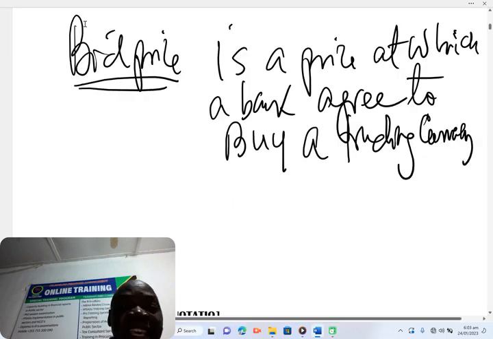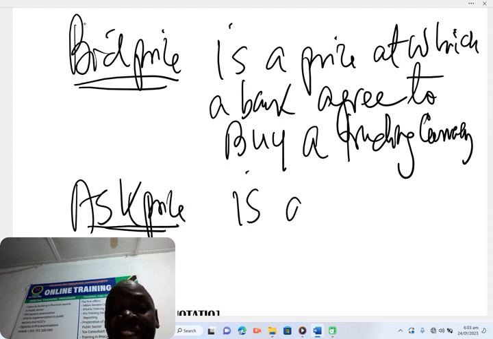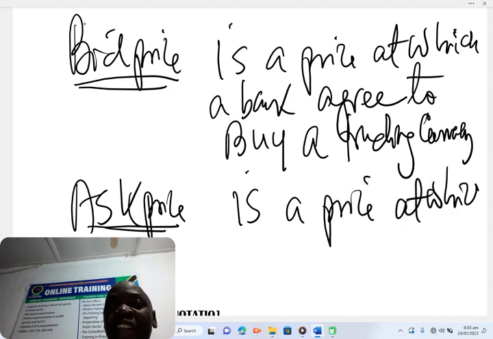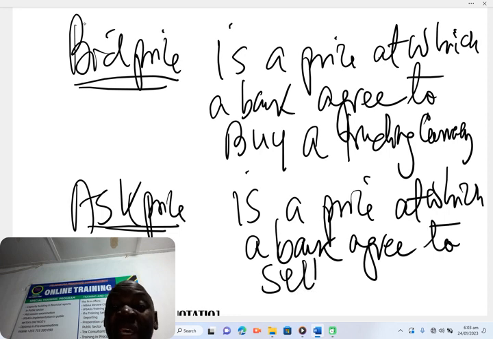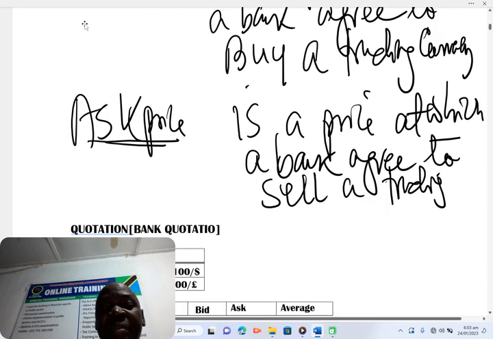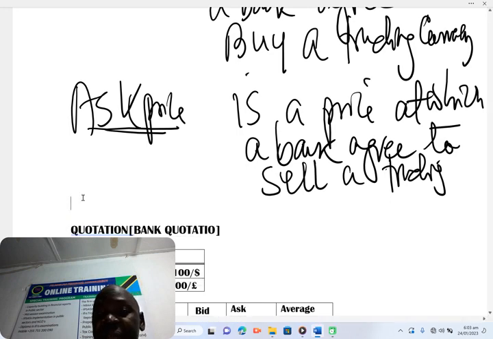And the ask price is a price at which a bank agrees to do what? To sell a trading currency.